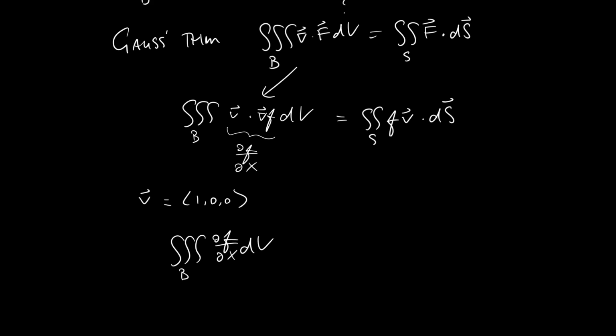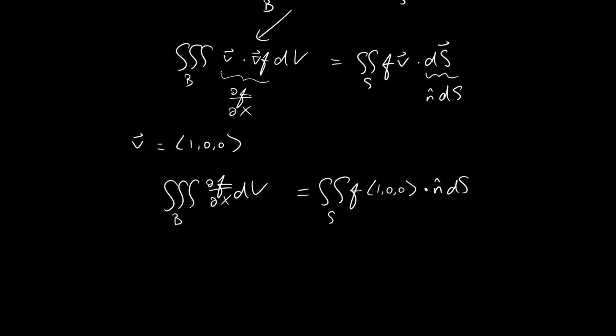That's exactly how we wanted it. On the right-hand side we get the integral of f times (1, 0, 0). The oriented surface element has a normal, which I can rewrite as the unit normal vector n times dS. As we've learned in class, it's the normal vector times the area dS. And we also know that this is equal to (x, y, z).